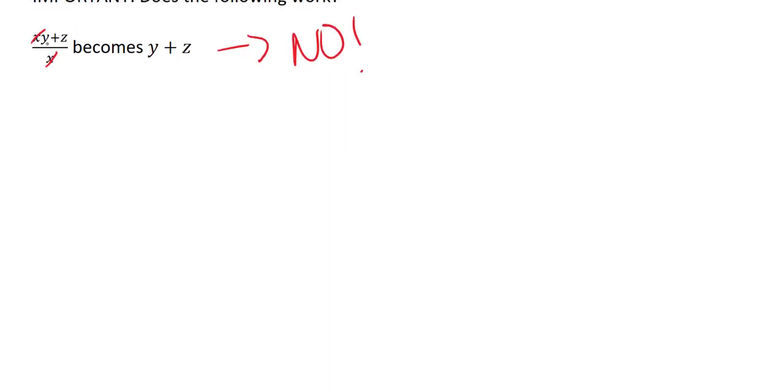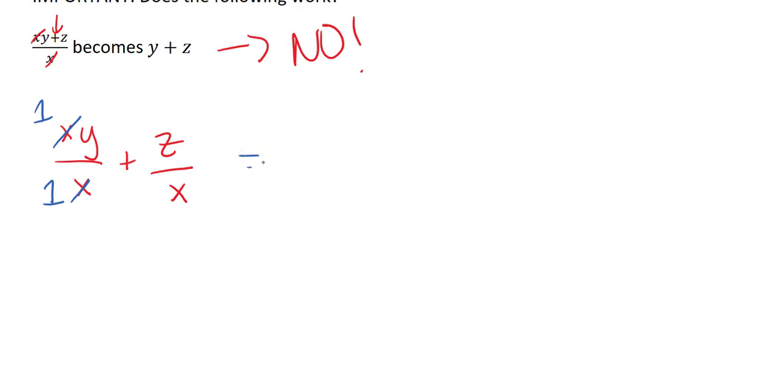And why does it not work? Because if we were to split up this problem like this, xy plus then z over x, which is exactly what this is, we can rewrite this again as xy over x plus z over x. So when we do this, only these x's cross out, so this just becomes a 1.